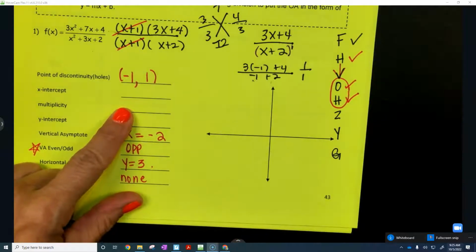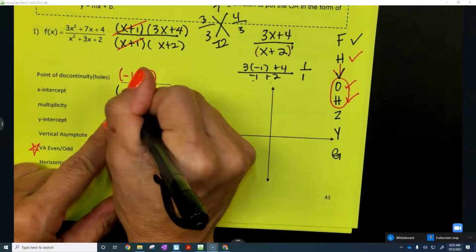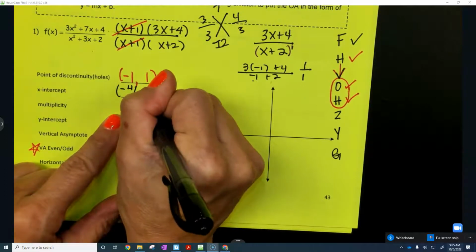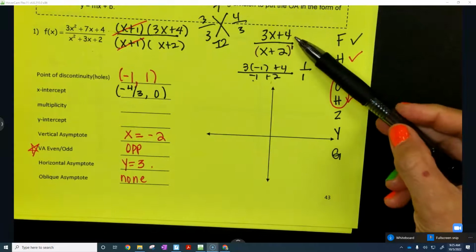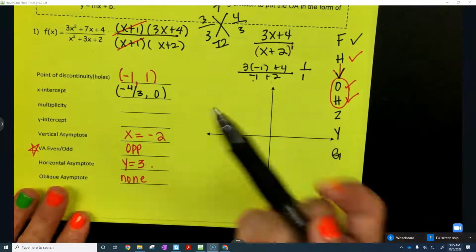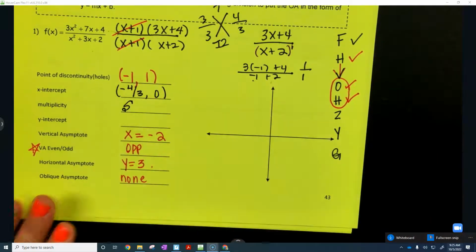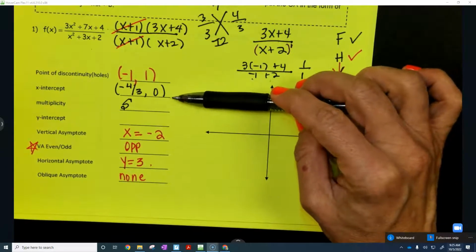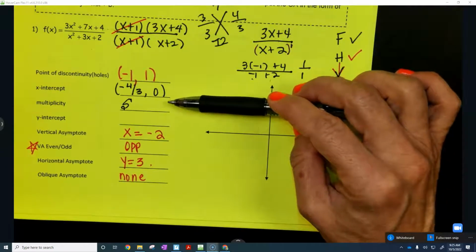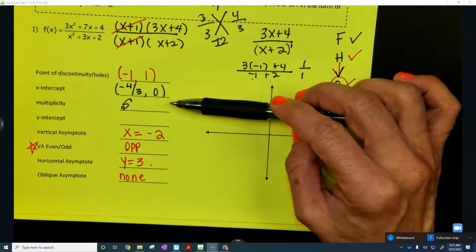Negative 4/3. Negative 4/3, that's right. Let's write this as an ordered pair. And guys, that was to the first power. So the behavior is straight through. So these 2 blanks right here, that's kind of a review from the polynomial stuff that we did, but that's the only part that's the same.